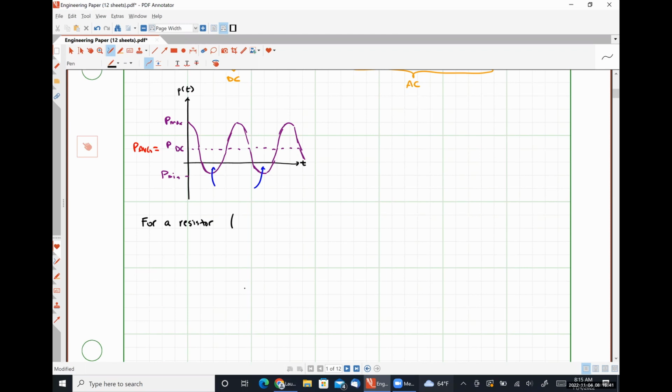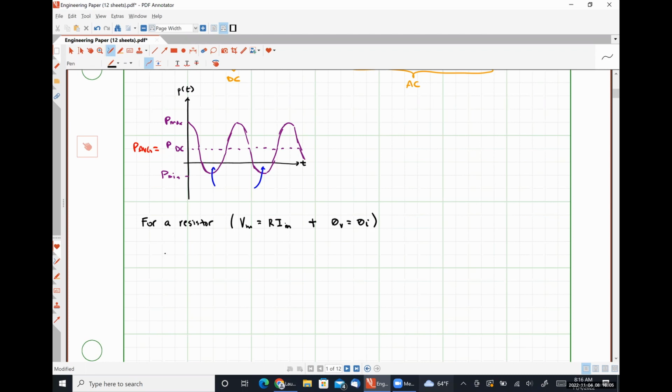We know that the magnitude of the voltage, Vm, can be expressed as R times the magnitude of the current. And we know that the phase angle of the voltage and the phase angle of the current are the same thing. Okay.